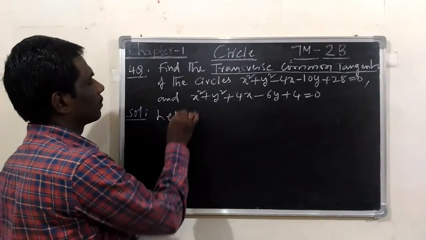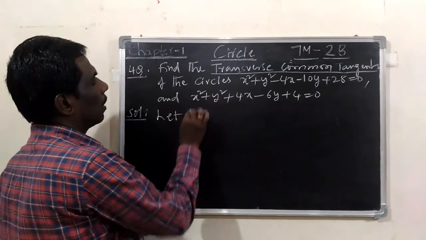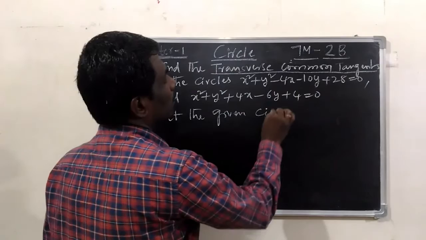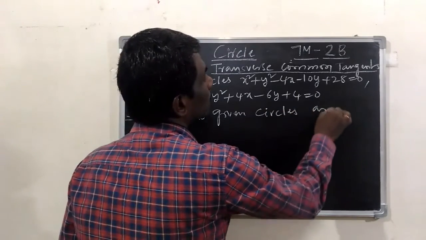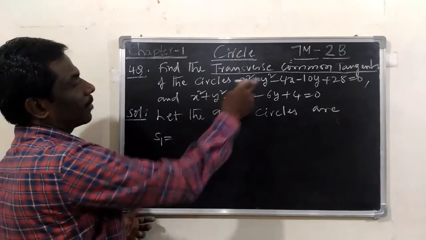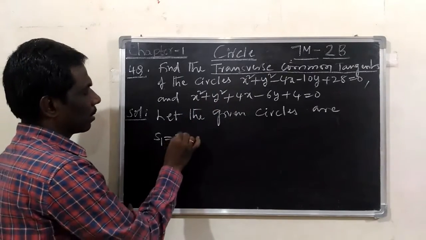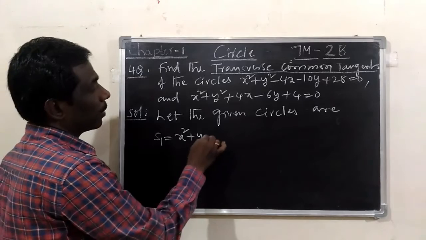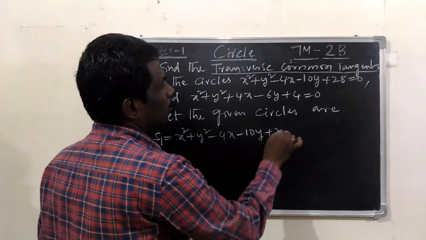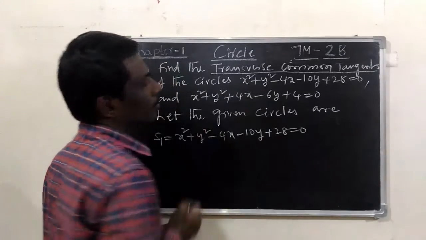Let the given circles be S1 equals x square plus y square minus 4x minus 10y plus 28 equal to 0.